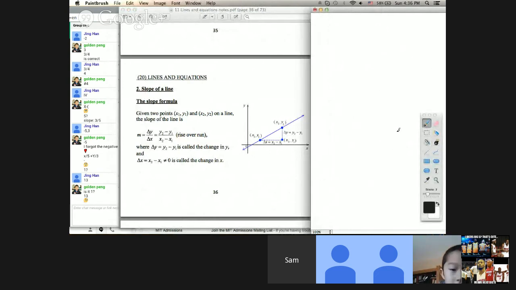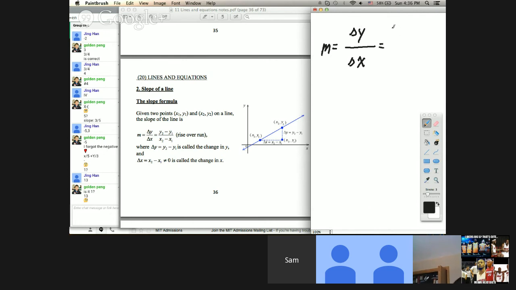Onwards. Okay. So if you guys didn't already know this, which you probably should have, the slope of a line is basically called rise over run. So it's just how much it rises over how much it runs. So slope, usually denoted as m, is equal to delta y, which is how much it rises, over delta x, which is how much it runs.